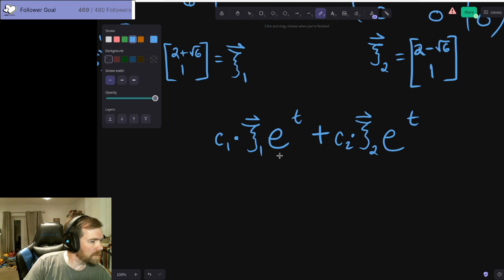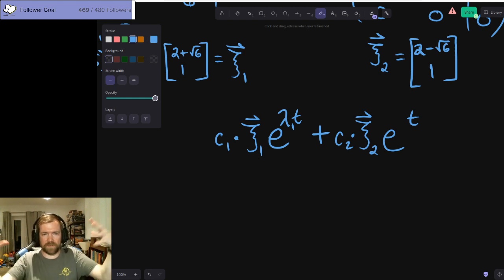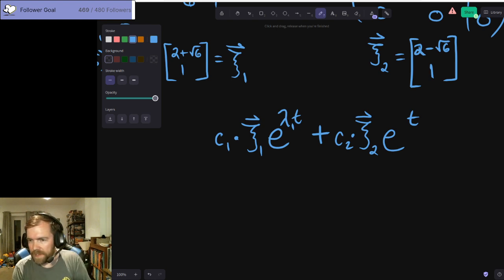Right, so that's affected by the eigenvalue. We said that in the case of a negative eigenvalue, this is going to pull stuff toward the origin, and in the case of a positive eigenvalue, this is going to pull stuff away from the origin.